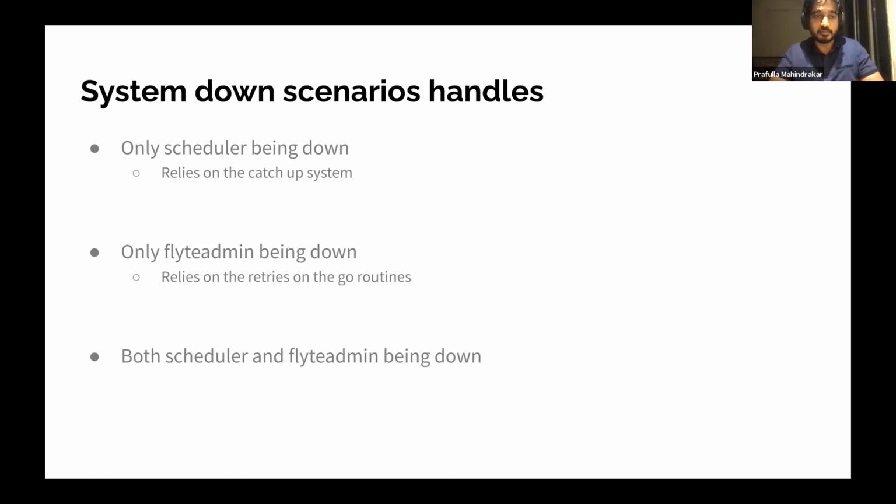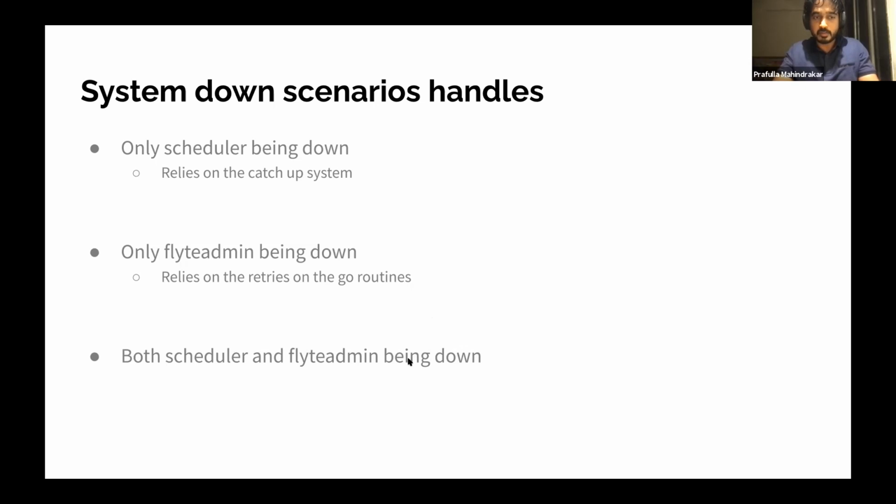But if something like what happened yesterday with Facebook happens, then we can probably expose a configuration which can increase the number of retries. Or in the future, I'll also explain that we are planning to have a dead letter queue, which can be used for attempting those failed schedule executions.